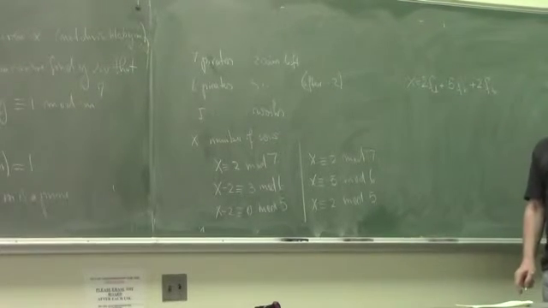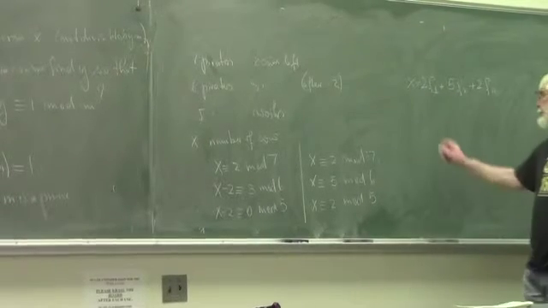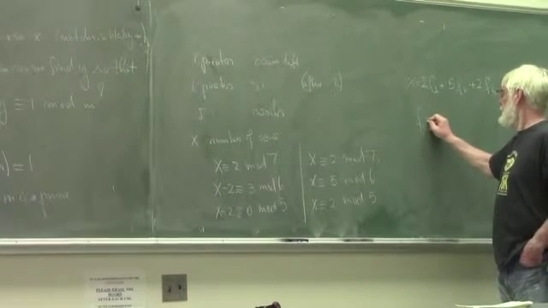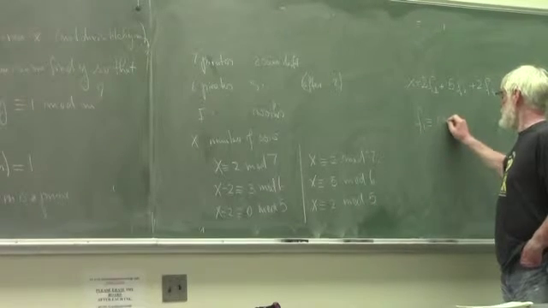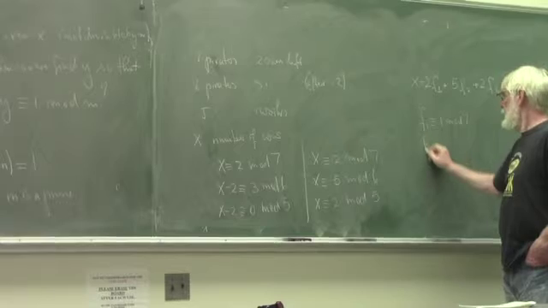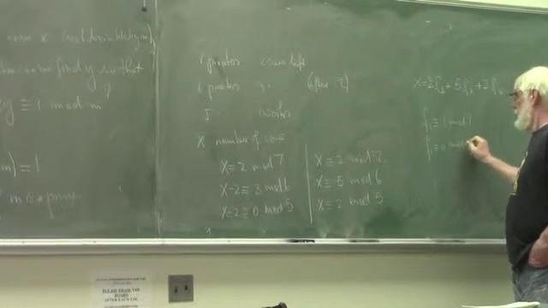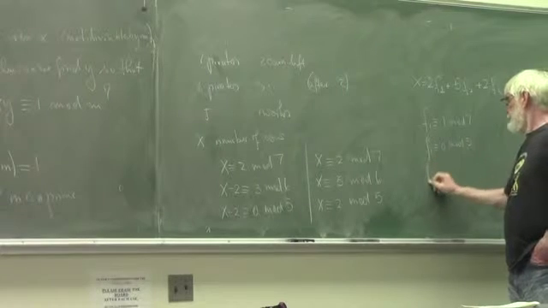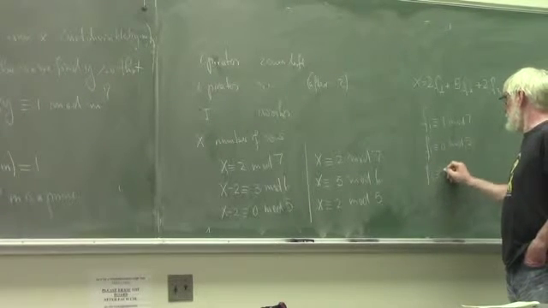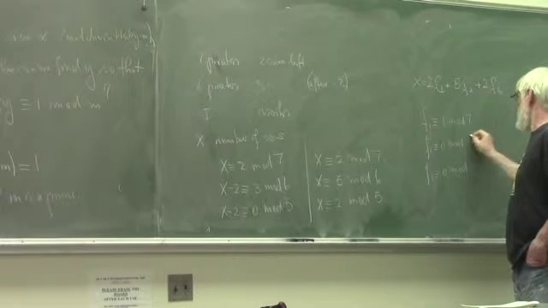What's F1? I'll tell you in a second. F1 is 1 mod 7, F1 should be 0 mod 5, and F1 is 0 mod 6.